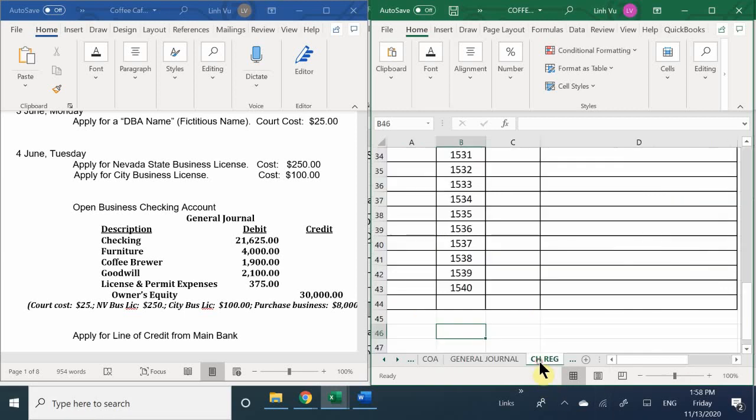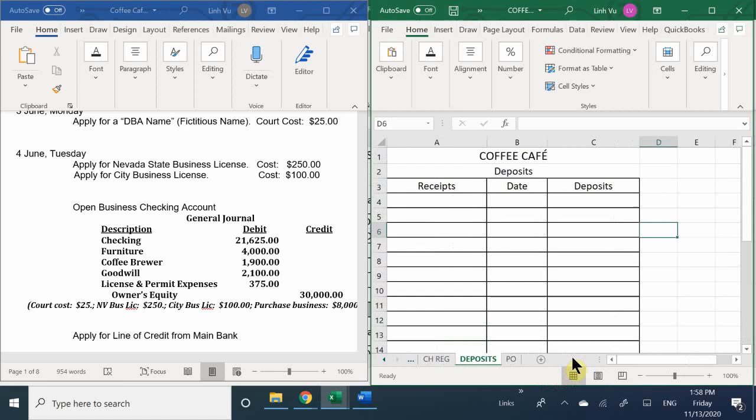So if I go ahead and move my sheets over, I should have a deposit section here.